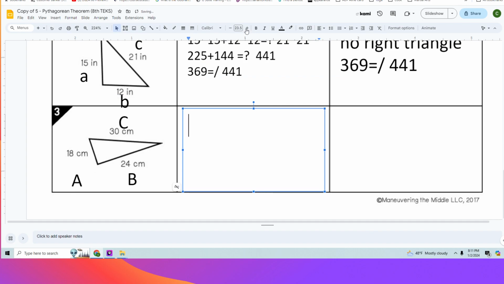So I learned my lesson from last time. And I'm going to say, okay, 18 times 18 plus 24 times 24. Does this equal question mark? Because remember, I'm asking my question. 30 times 30. 18 times 18.